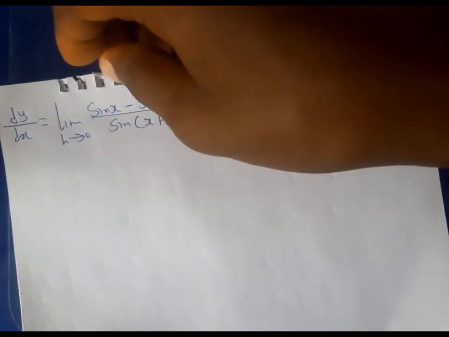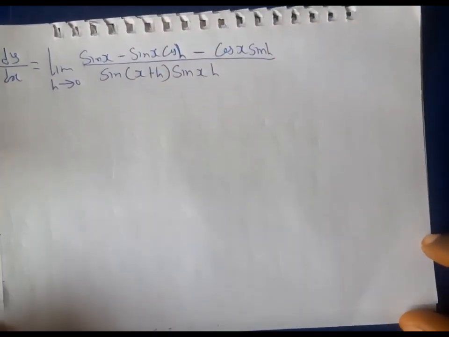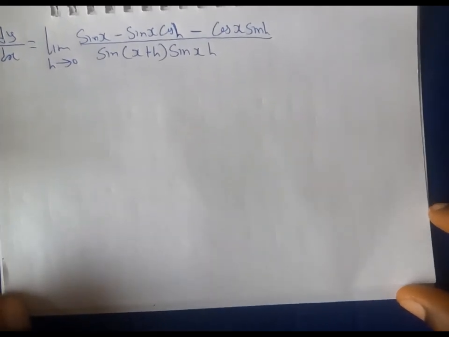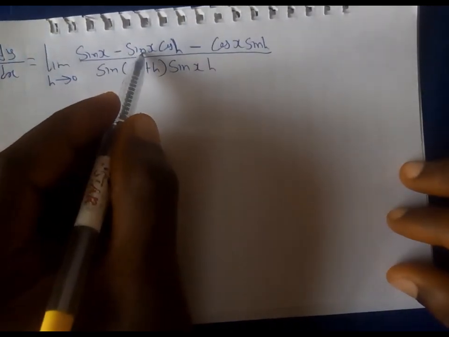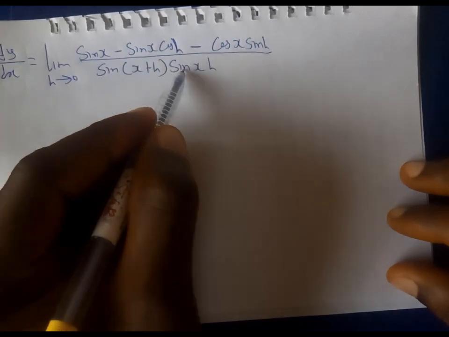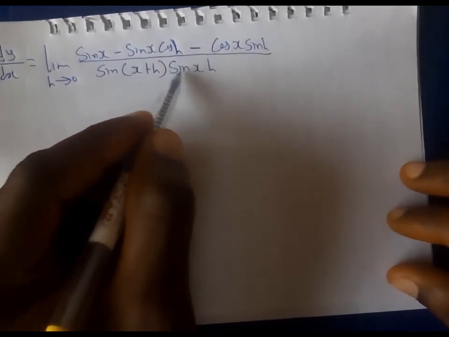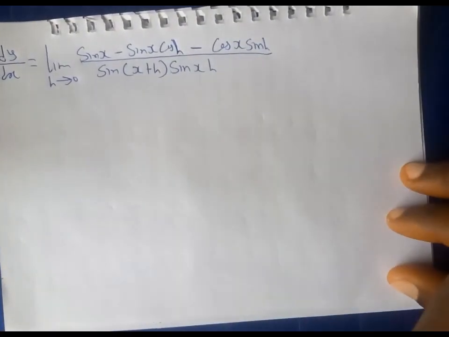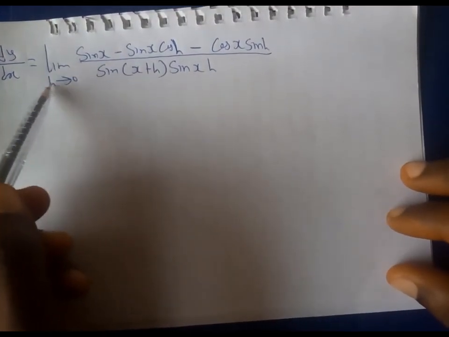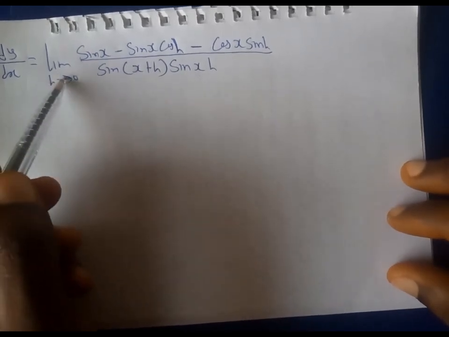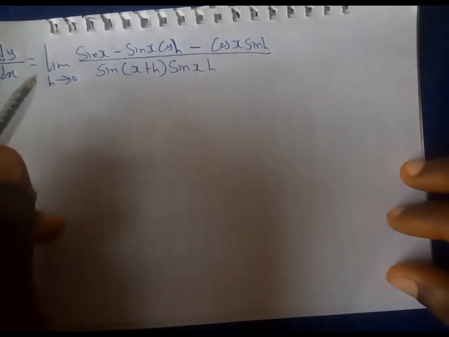Perfect. So now, at this point, let's try and take this sin x outside first, because it's a constant. The limit is with respect to h, but this is sin x, so we can take it out of the limit.